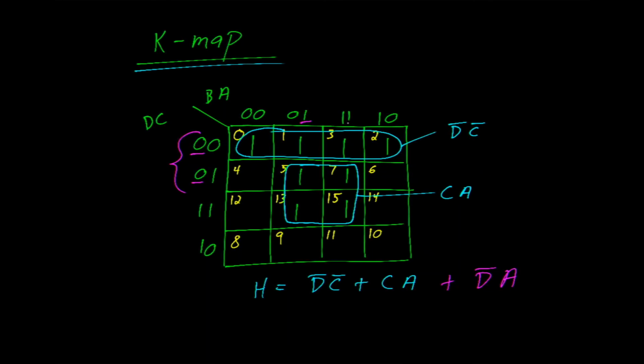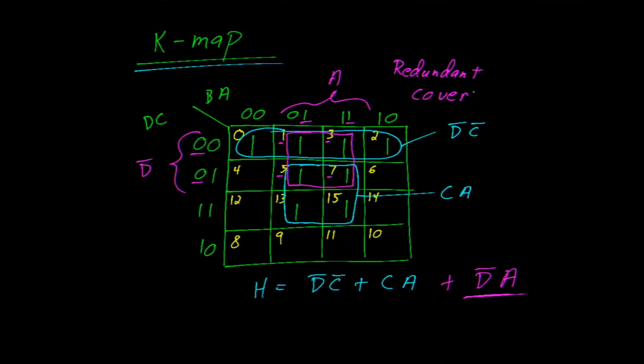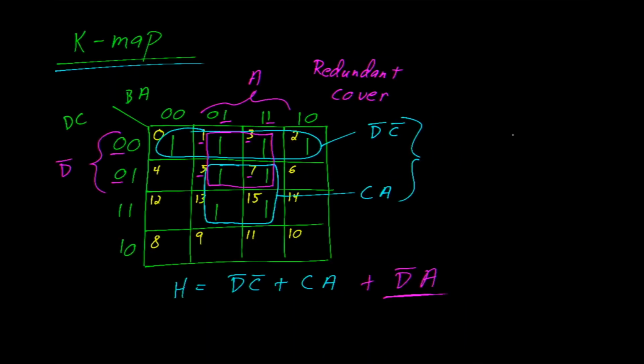So that's here and here. So D0 and A means we're circling these four right here. And if you go back and you look at your notes, you'll see that D0 A expanded to minterms 1, 3, 5, and 7. We would call that redundant cover. And we would call these two prime implicants.